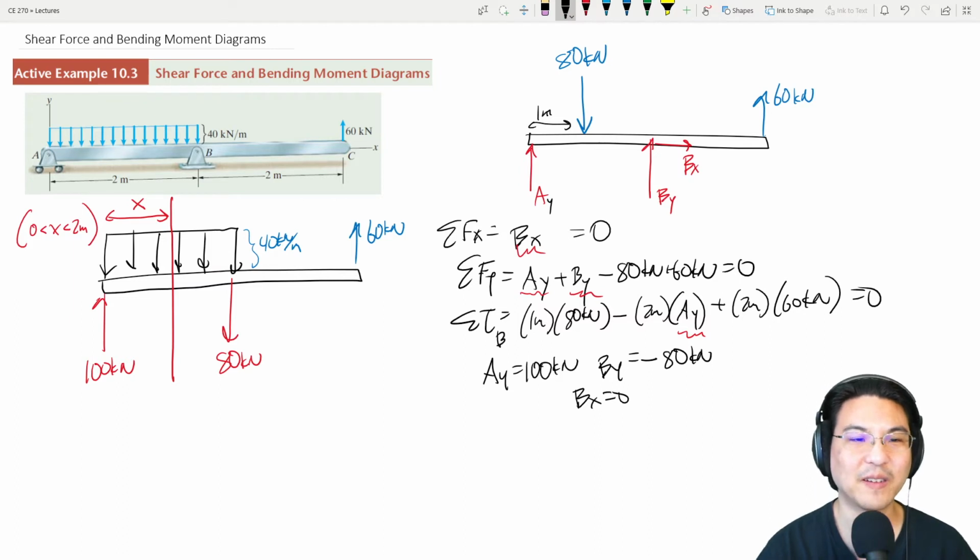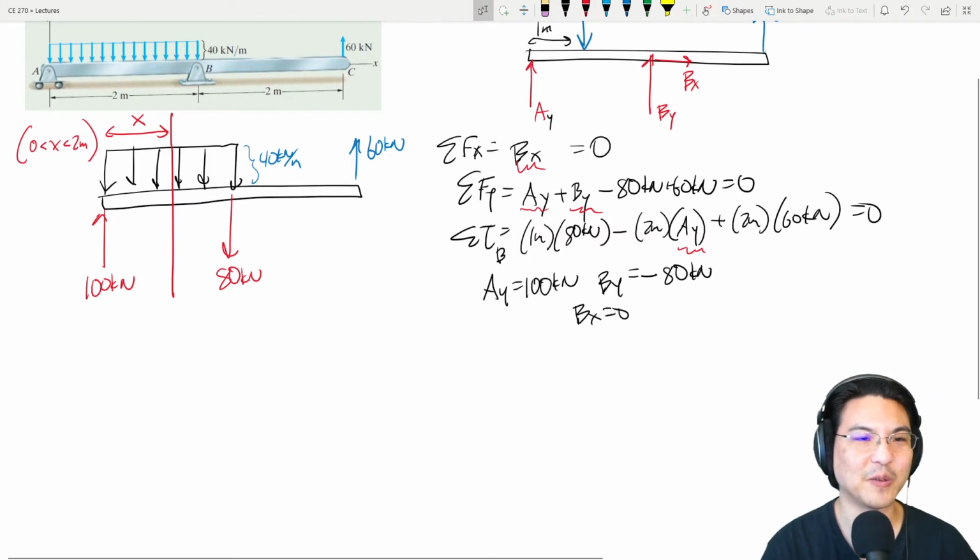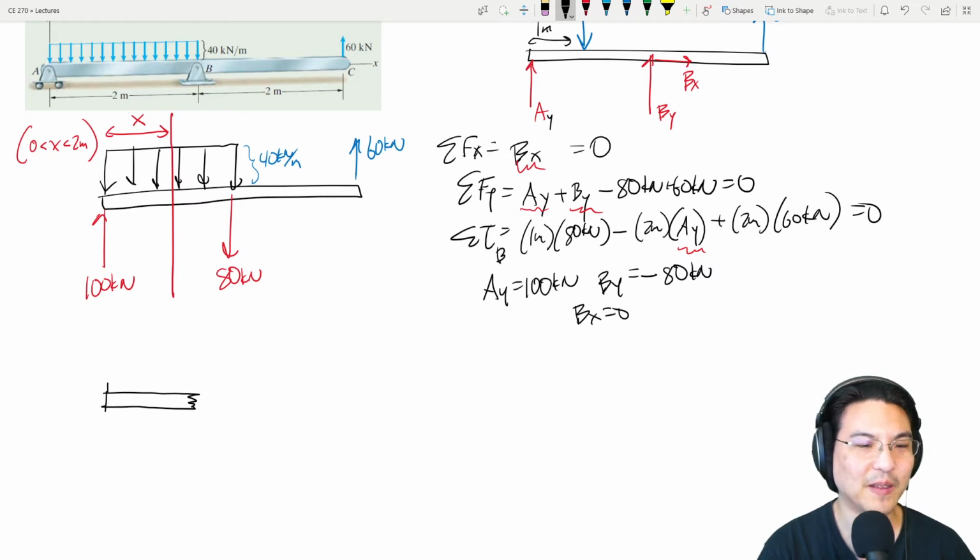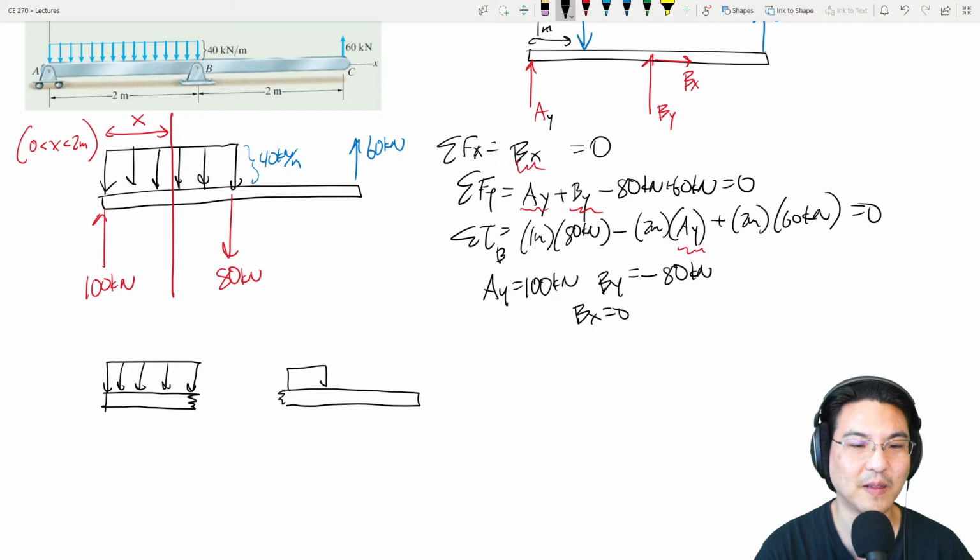No matter where we cut it between 0 and 2 meters, the free body diagrams will look like this.